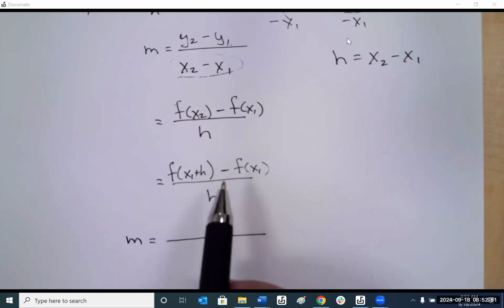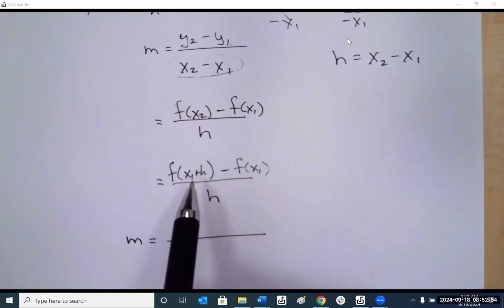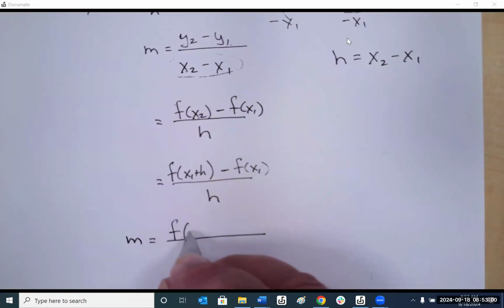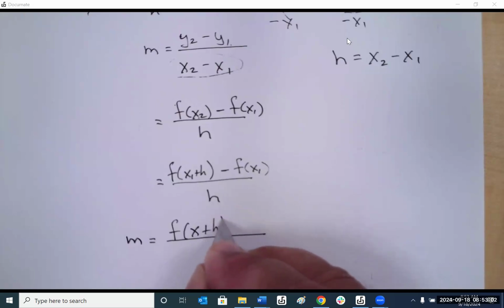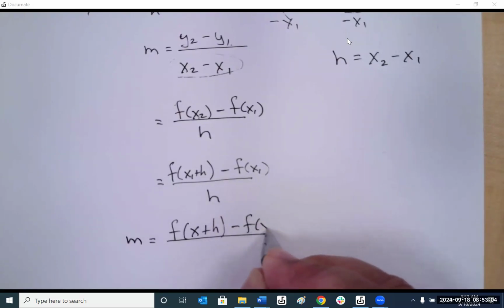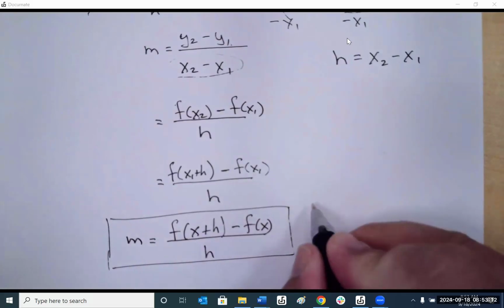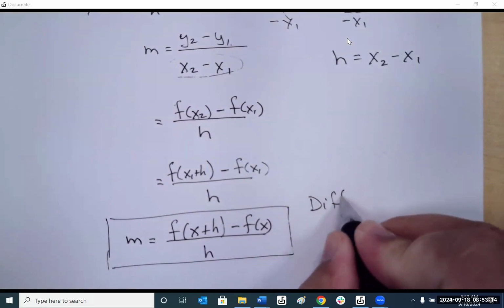So now all we need is one x value because it's the same x value in both of those. So f of x plus h minus f of x, over h. This is what is called the difference quotient.